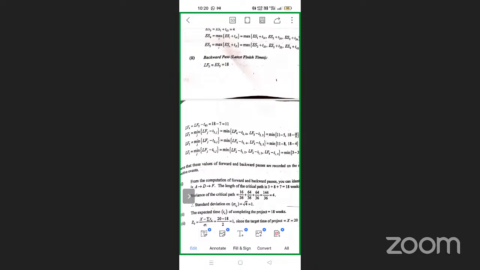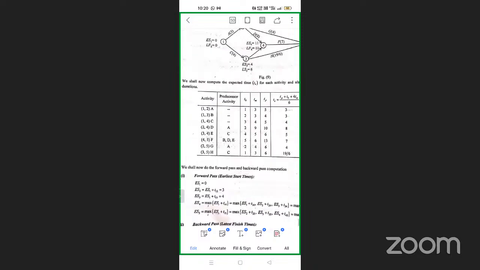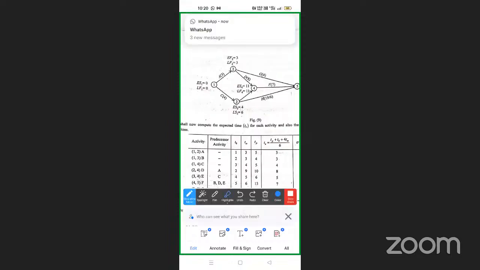The second node is connected to two different nodes, node 5 and also node 4. So here, 18 minus 4 for the first one. Next, 11 minus 8, that is 3.